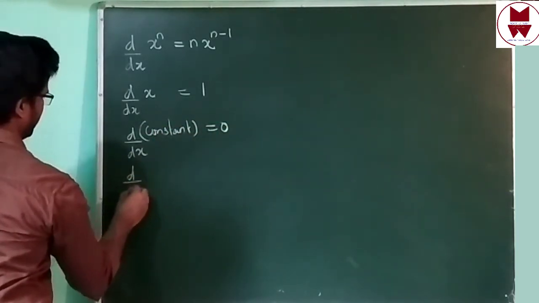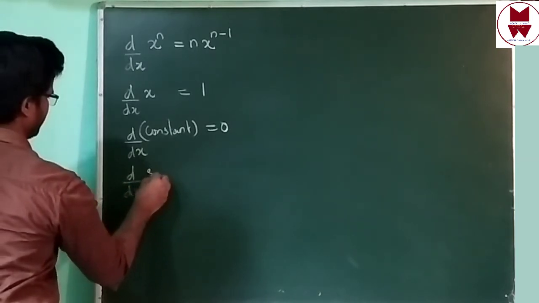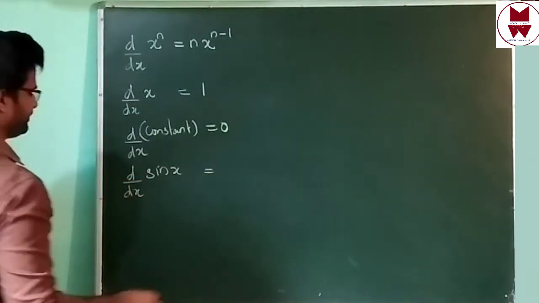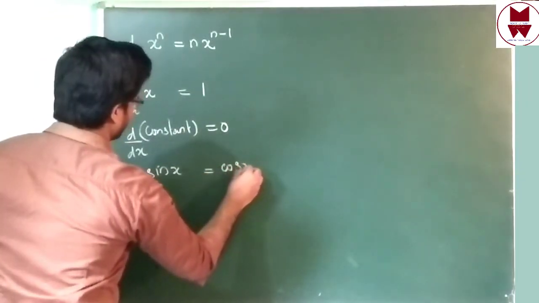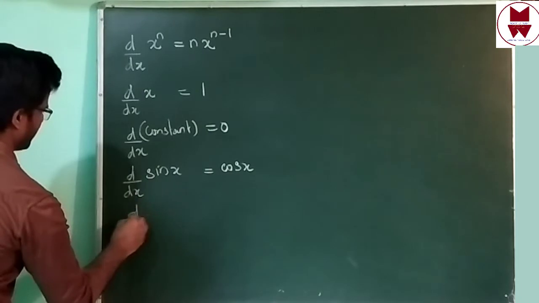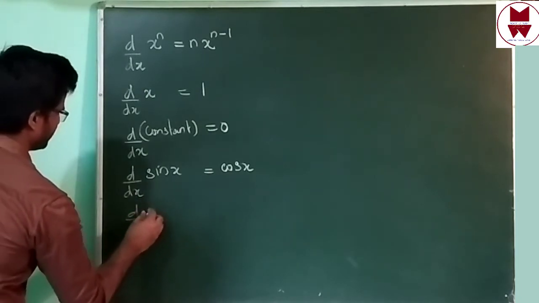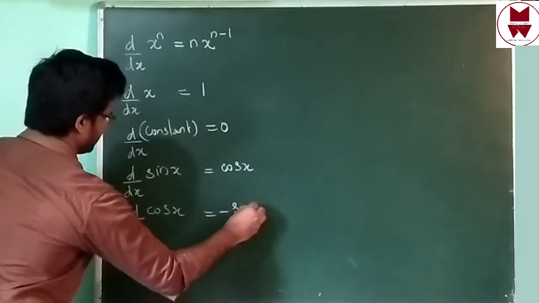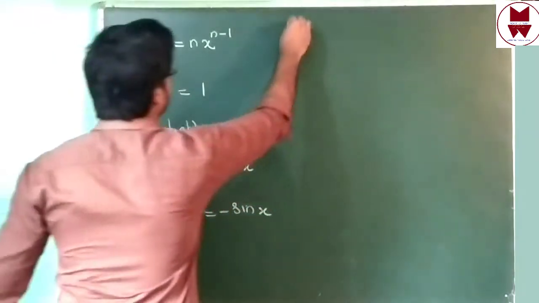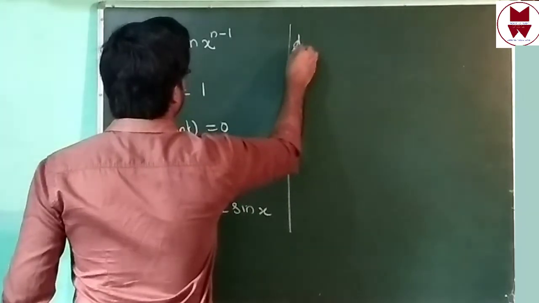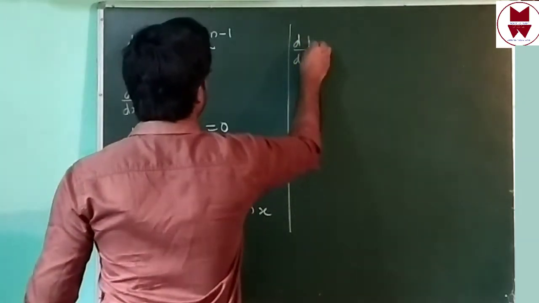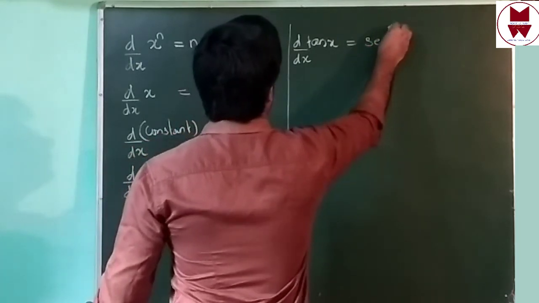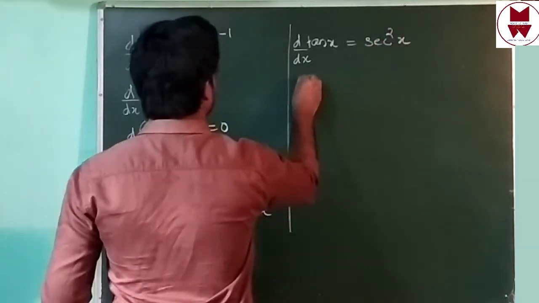Then d by dx of sin x equal to cos x. D by dx of cos x equal to minus sin x. D by dx of tan x equal to sec square x.